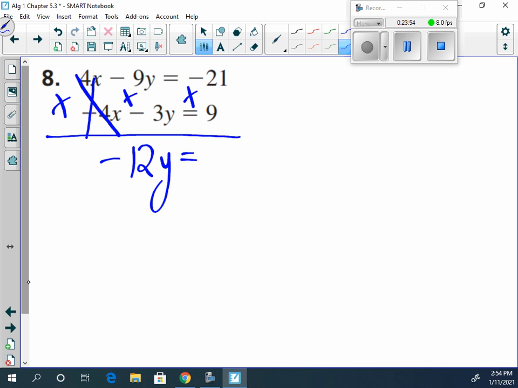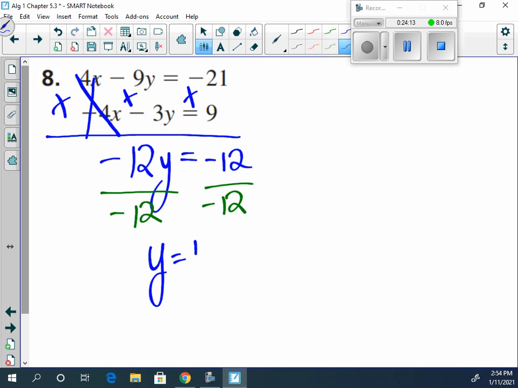So here we would just combine them. And now negative 21 plus 9 will be negative 12. So we get y is 1, because negative 12 divided by negative 12 is 1.